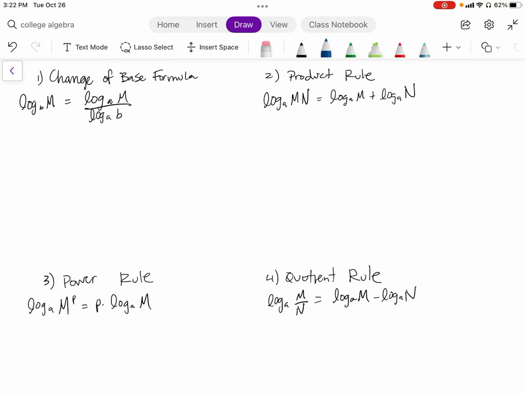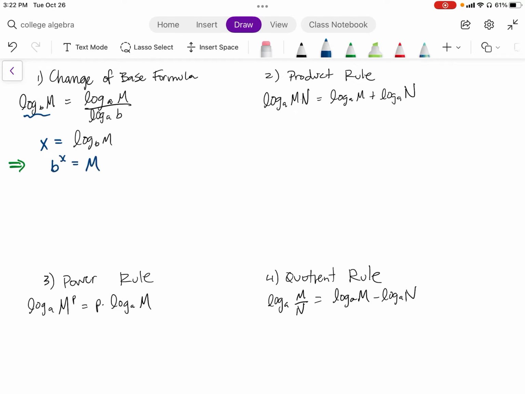at this point, you should know how to rewrite a logarithm, but if I let this logarithm base b of m just equal some variable, we'll just say x for convenience, then I know that this is equivalent to just saying that b to the x equals m, right?